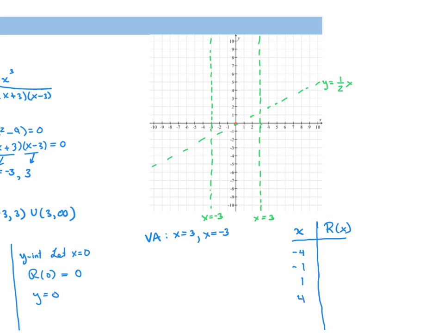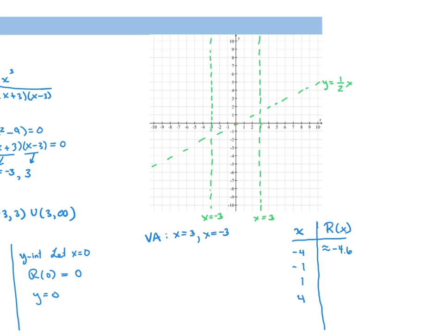So let's plug these in and determine what our y values are. So if we substitute -4 in, we get, as a decimal, it's going to be easier to graph, about negative 4.6.